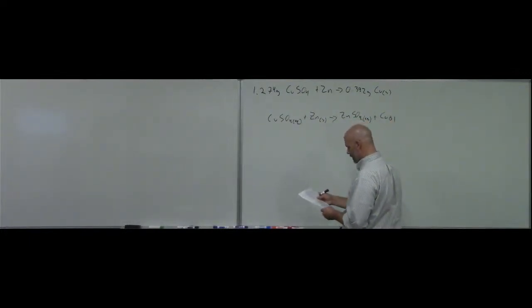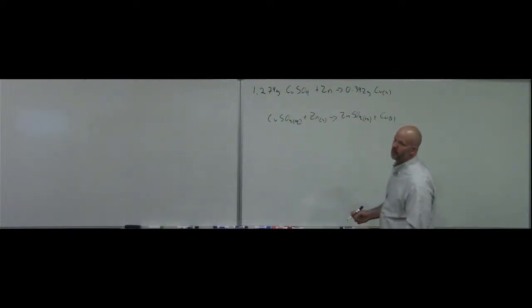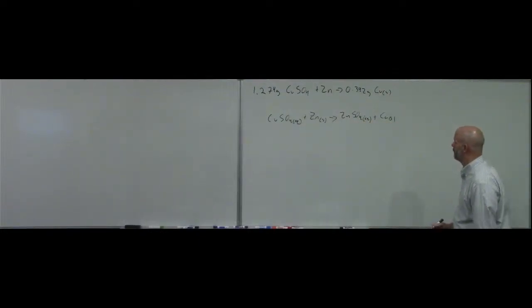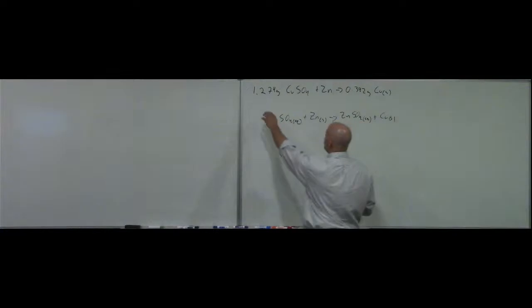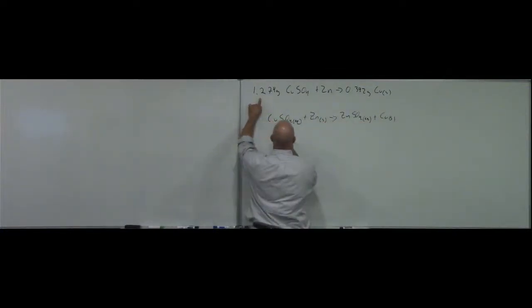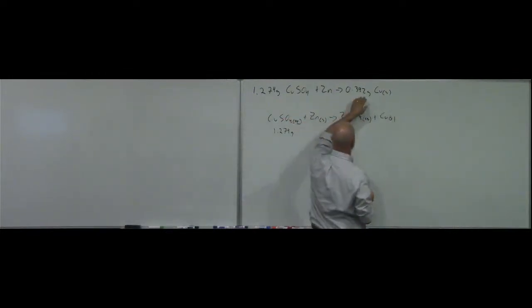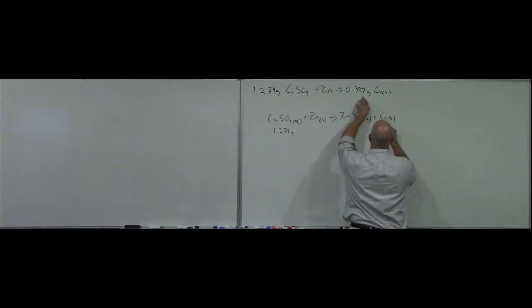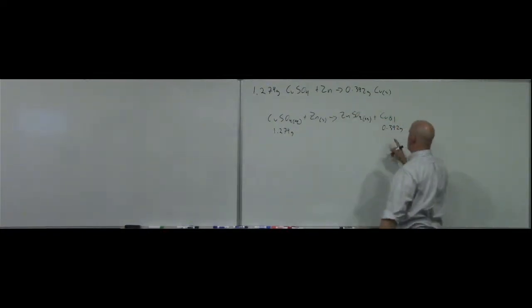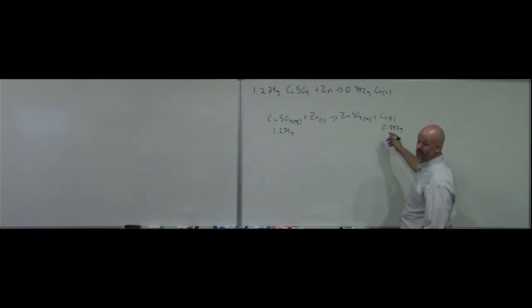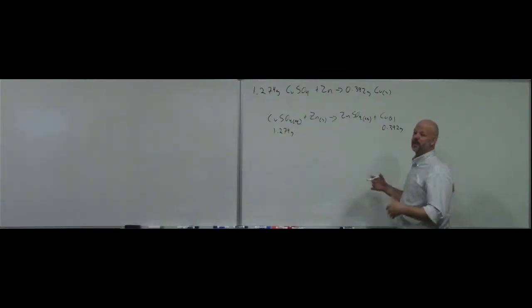Okay? So now what we're looking for here is what's called a percent yield. We reacted this much. We yielded this much in reality. That's not, but there's a hypothetical. Everything we've been doing so far has been hypothetical yields.